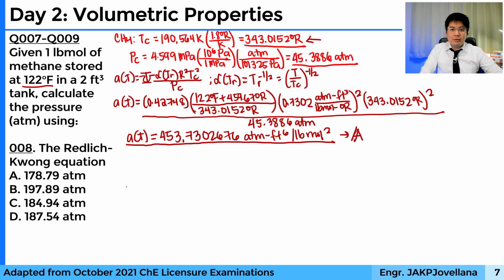Next, let us solve for the parameter B. So B is given by omega R Tc over Pc.